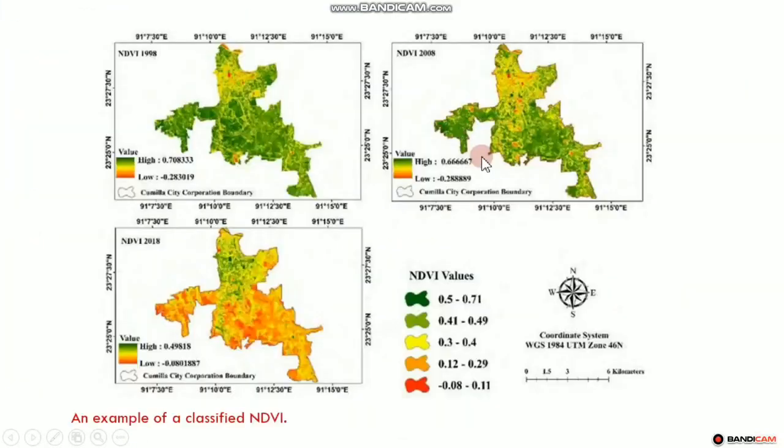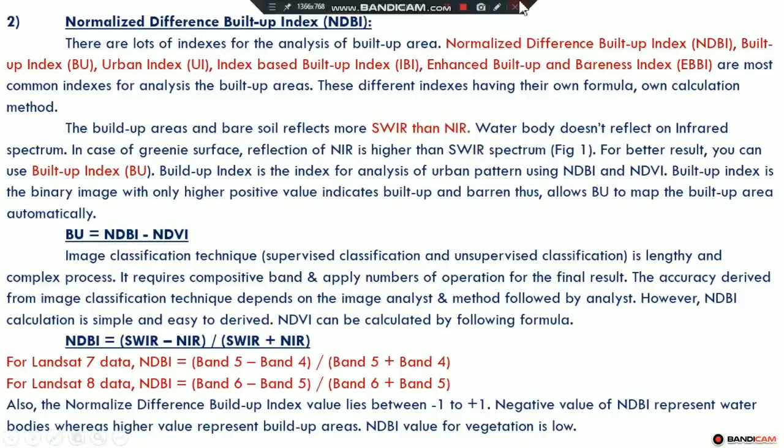So that's why they're specifying it here, that a water body doesn't reflect in the infrared spectrum. Now in the case of a green surface, reflection of near infrared is higher than short wave infrared.